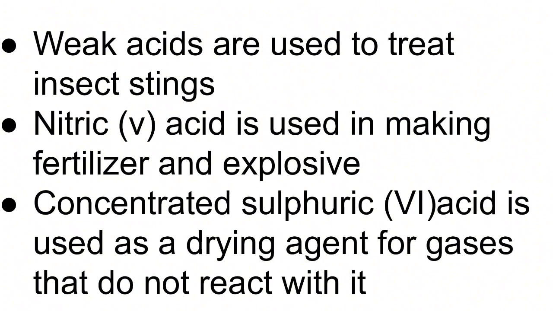Then nitric acid is used in making fertilizers and explosives. That is common. Then concentrated sulfuric acid is used as a drying agent for gases that do not react with it. For example, concentrated sulfuric acid is used to dry oxygen gas. It's also used to dry hydrogen gas, and so on and so forth.